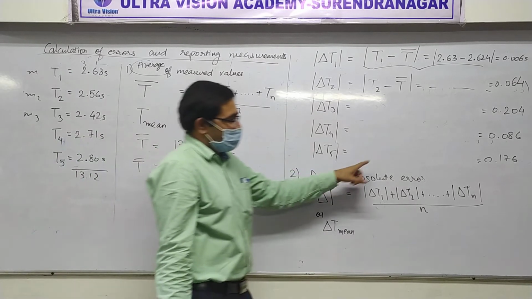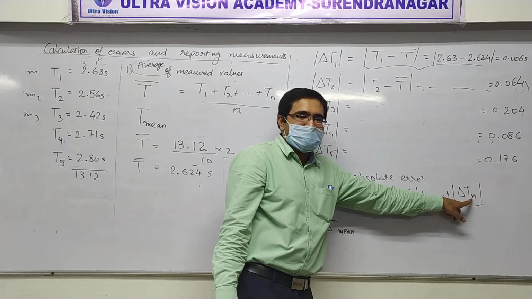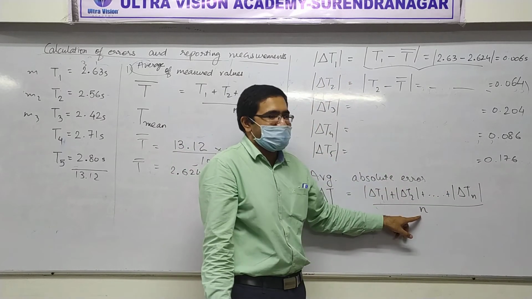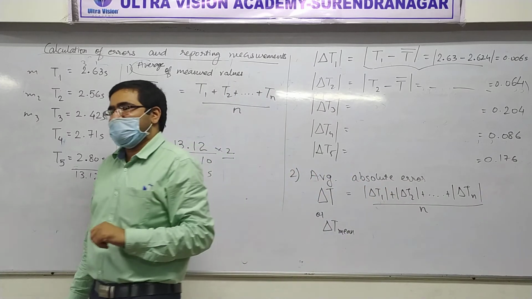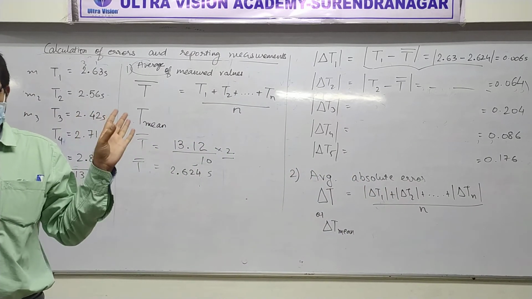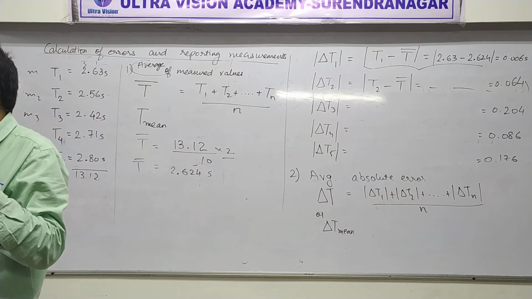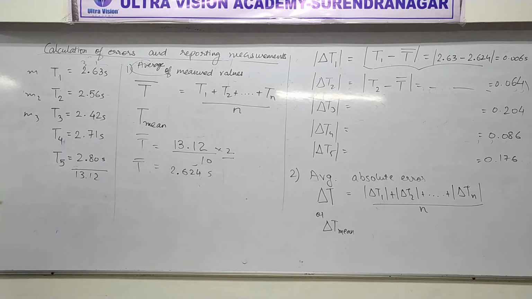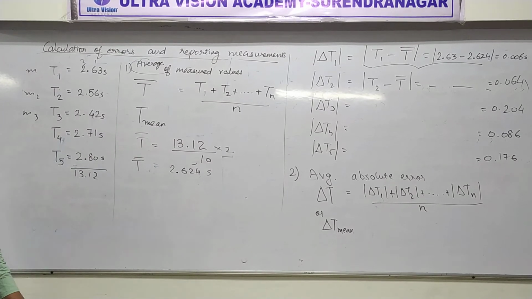Delta T1, 2, 3, like that up to n. Means you take all of them, you add them, and then divide by n. What is n here? Yes, 5. How many measurements? 5 measurements. Yes or no? Everyone get that? So find this now. Come on, everyone. Start. Find this.